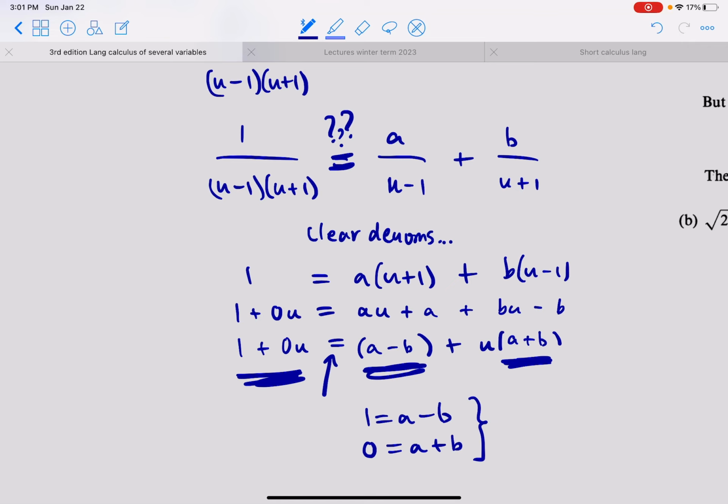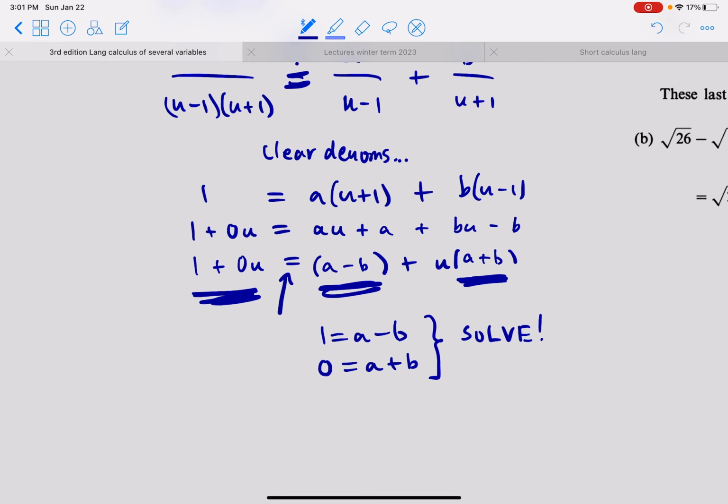And I can solve this system of two equations and two unknowns. The first one says a equals b. No, it doesn't. The second one says a equals minus b. And then I get 1 equals minus 2b, so b equals minus a half, so then a equals plus a half. I just solved it, but you solve it your own way.